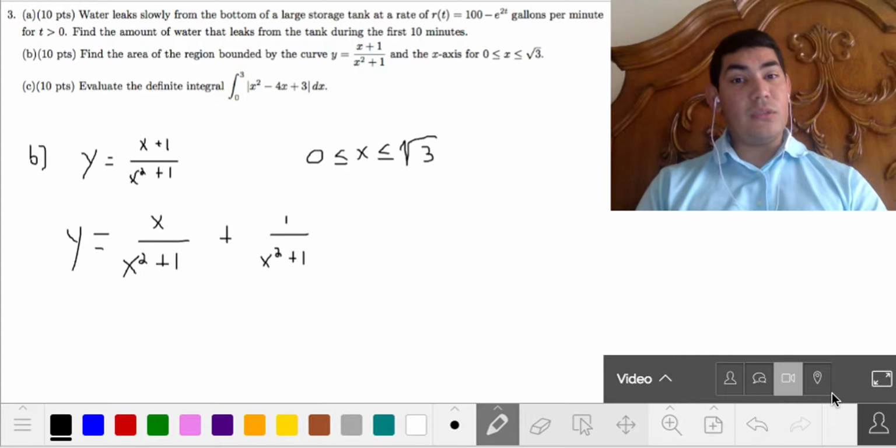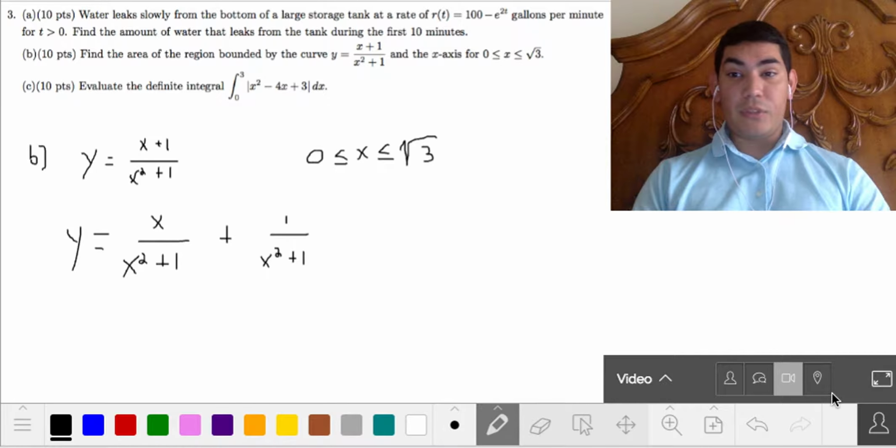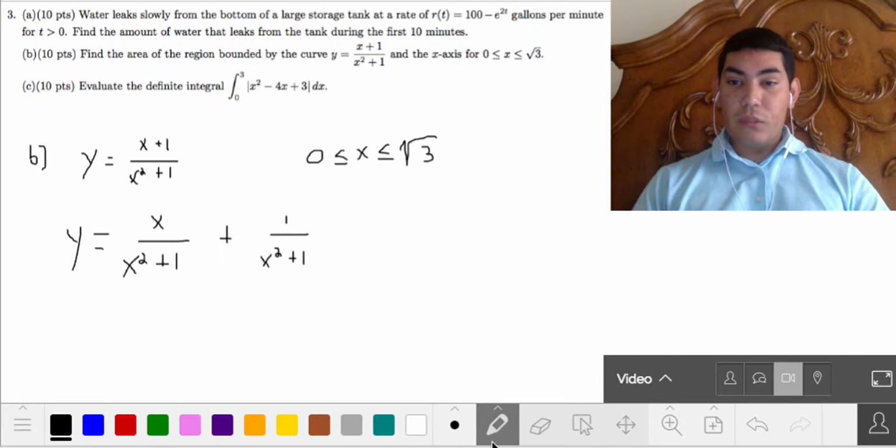So let's divide this into two terms. We can write the function y equals x divided by x squared plus 1 plus 1 divided by x squared plus 1. So we want to take the integral of each term. So we're going to have the following.